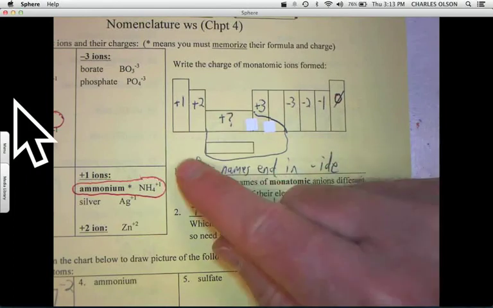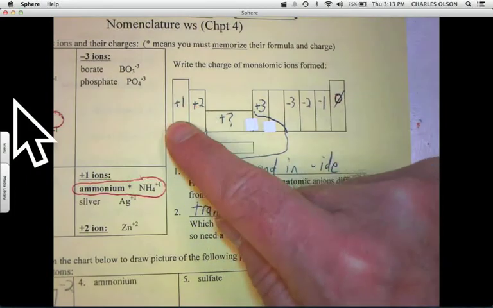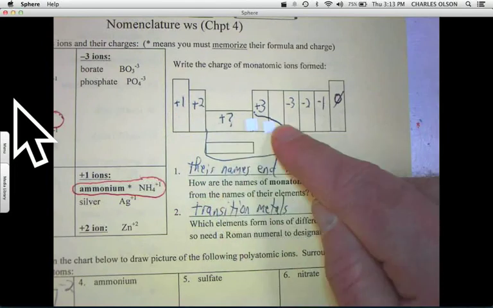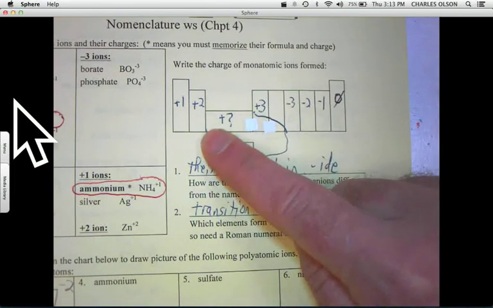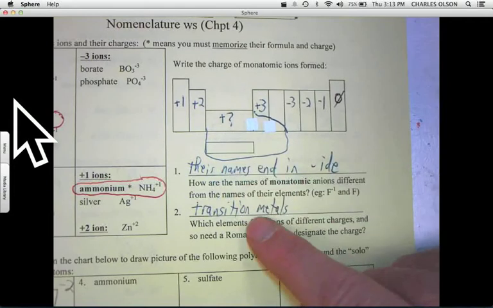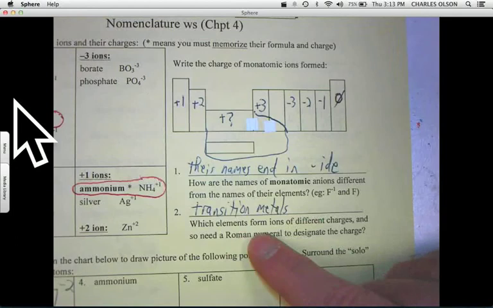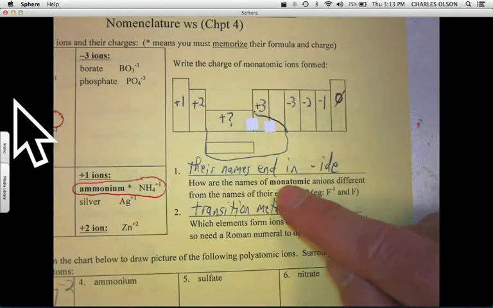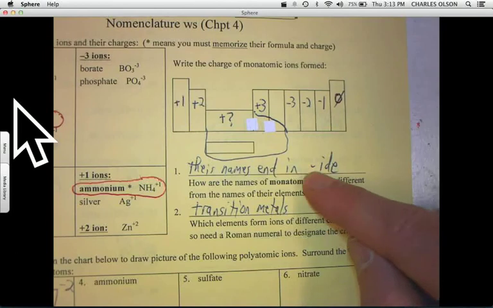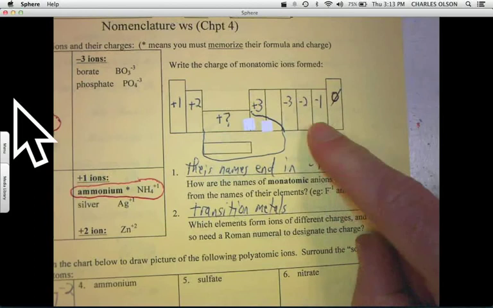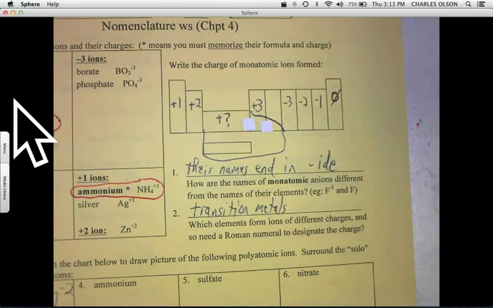For instance, alkali metals +1, alkaline earth metals +2. Transition metals, including all metals in this area, can have different charges. So that's where we use Roman numerals. And for monatomic anions, the fact that they end in "ide" is a big clue that it's just a single atom involved in the ion.